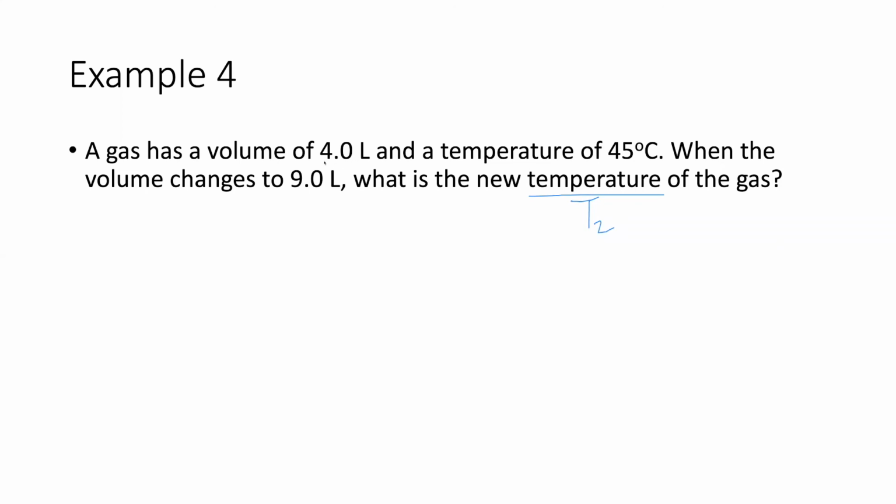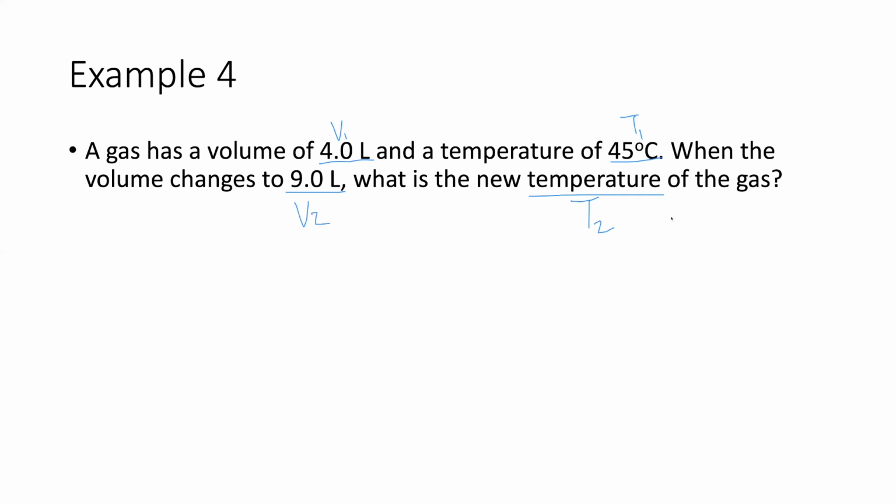Our initial volume was 4, so that's going to make it V1. Our initial temperature was 45 degrees Celsius, which makes that T1. We're trying to solve for T2. The 9.0 liters is going to be V2.